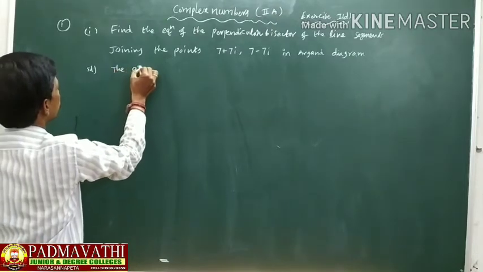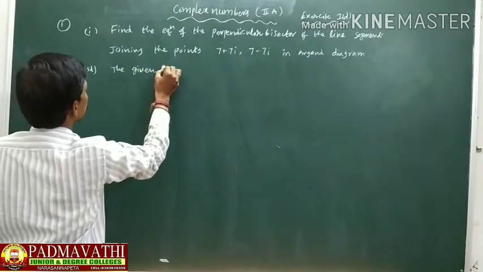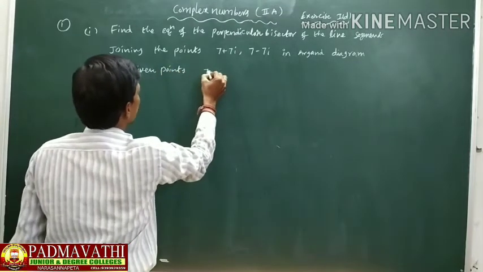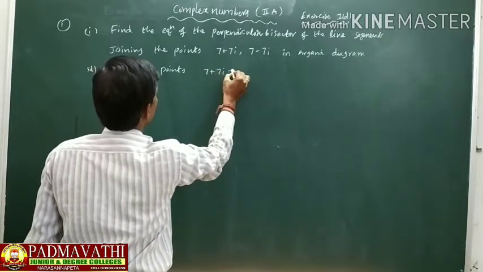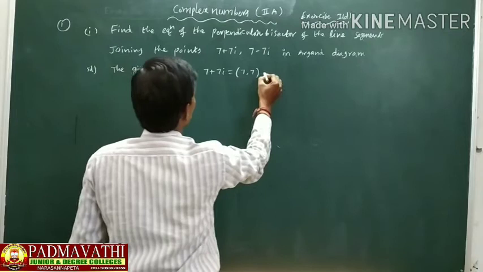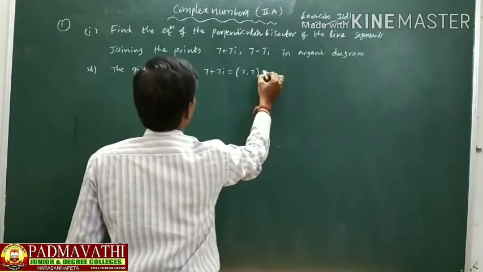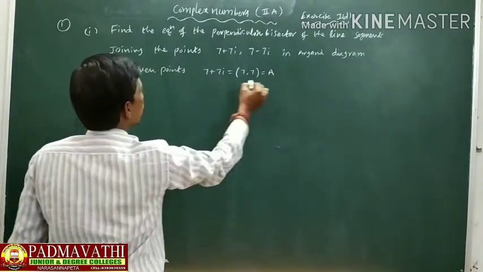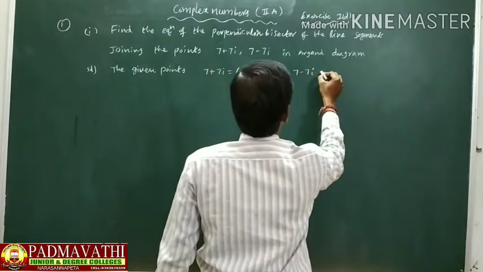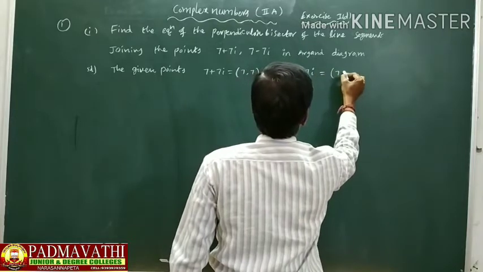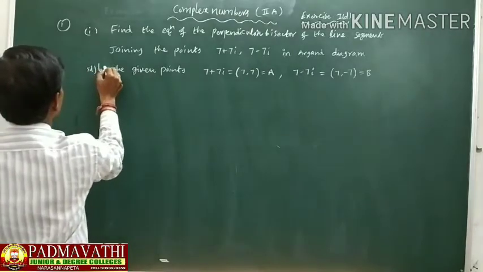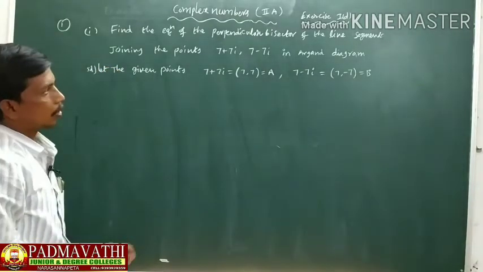The given points 7 plus 7i equals (7, 7), it is A. 7 minus 7i is (7, -7), it is B, in the Argand diagram.